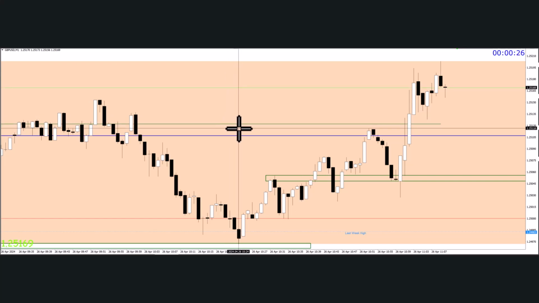This is 10 minutes into that 15-minute candle. It starts on 15, it ends on 30. So at this point, we've got 5 minutes remaining for that 15-minute candle, and it starts to reverse.